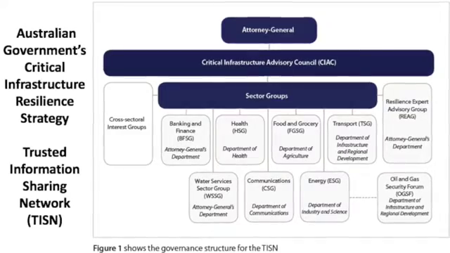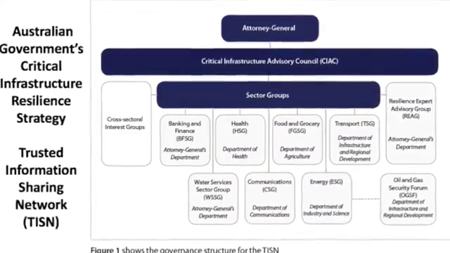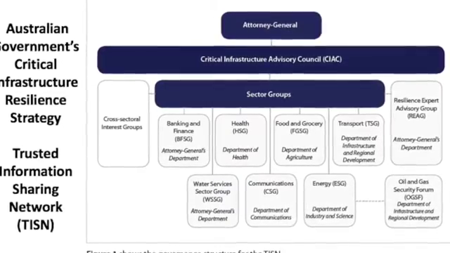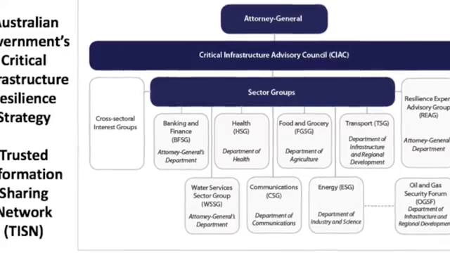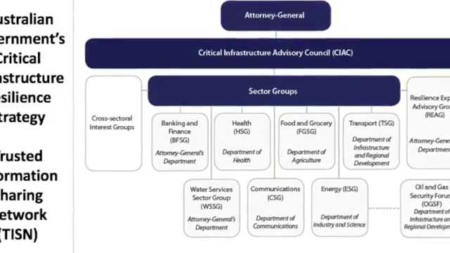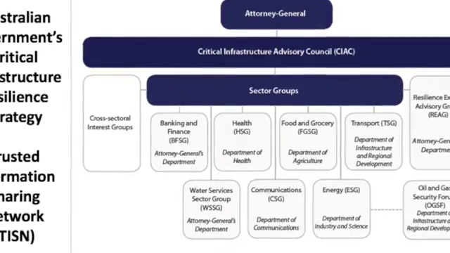So we've got the Attorney General, the Critical Infrastructure Advisory Council, and then we've got different sector groups, cross-sectoral interest groups, banking and finance, water services, health, communications, food and grocery, energy, transport, and of course the Resilience Expert Advisory Group, which is most likely to be made up of different types of researchers who are involved in resilience research.